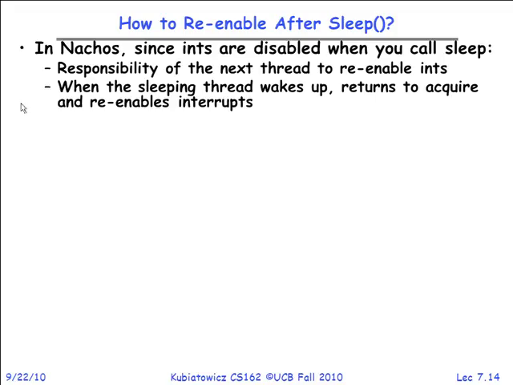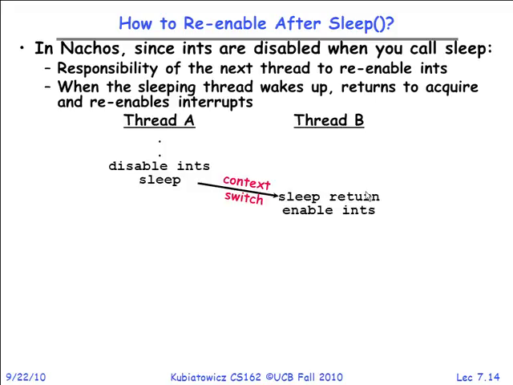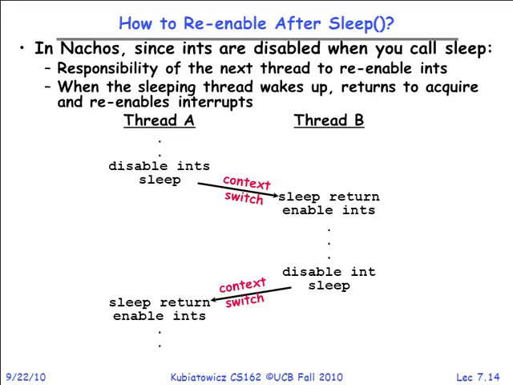It disables interrupts and then goes to sleep. The sleep code causes the context switch, which goes to thread B and then returns from sleep to re-enable interrupts. This is the way the interrupt structure is inside of Nachos. When you go in to do the switch, interrupts are off. And as soon as somebody comes back from switch, the first thing they do is re-enable interrupts.